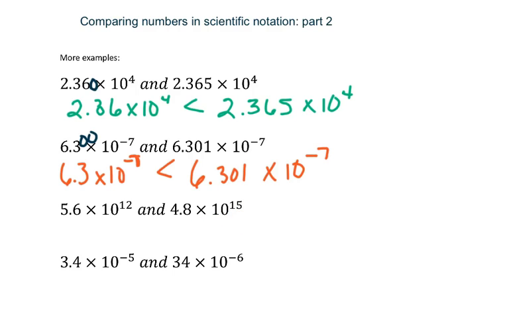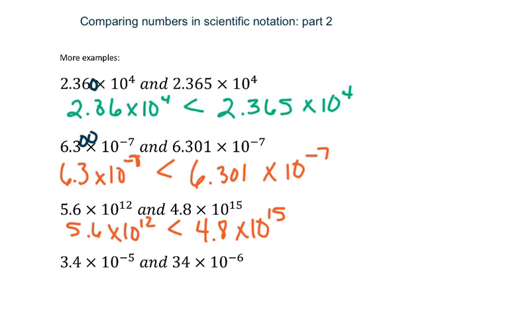So when we have this, we just have to compare the powers. So 10 to the 12th is less than 10 to the 15th. So my answer is 5.6 times 10 to the 12th is less than 4.8 times 10 to the 15th.